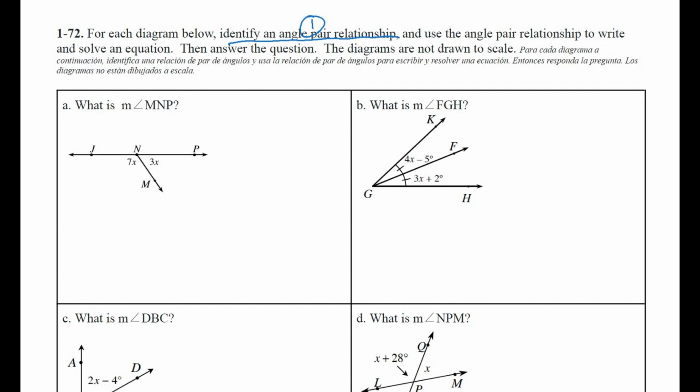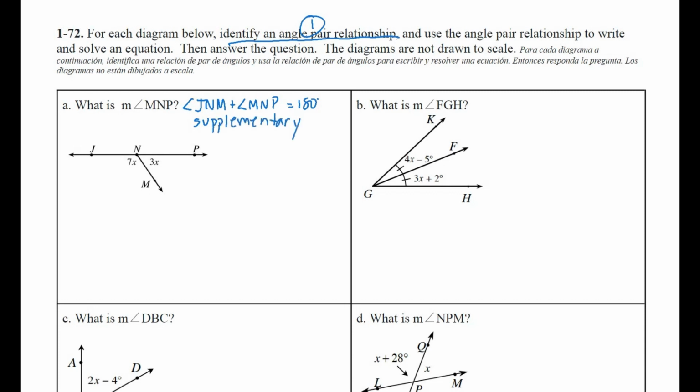And I'll do that first. Here we have angle J and M and P are supplementary. They add to 180 degrees. Angle J and M plus angle M and P equal 180 degrees. They are supplementary.